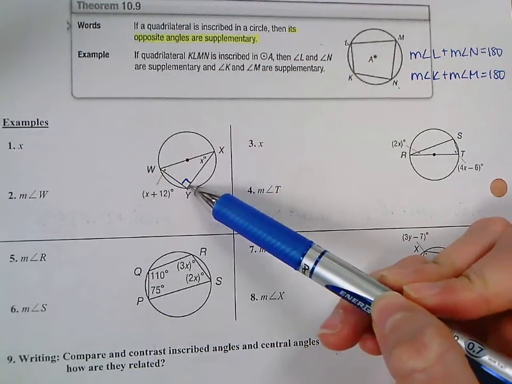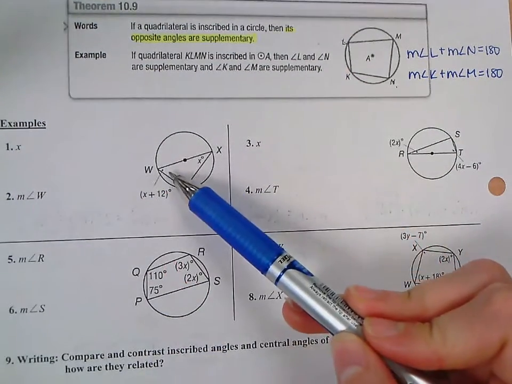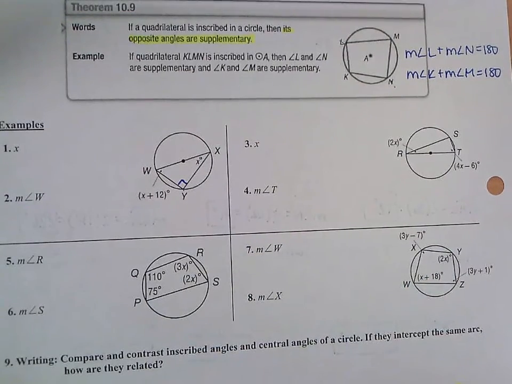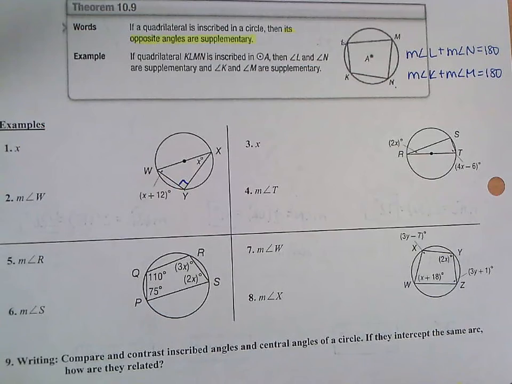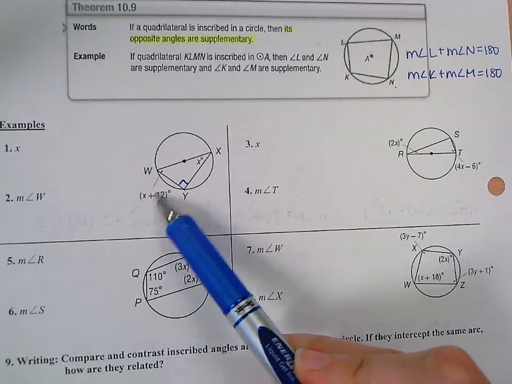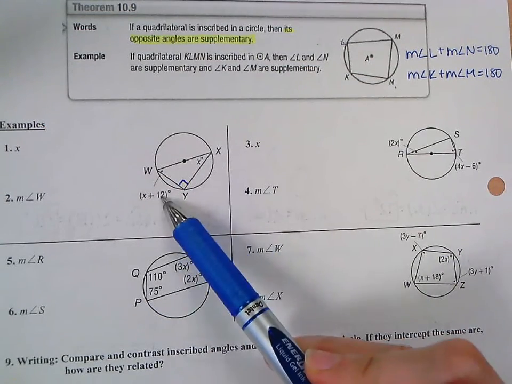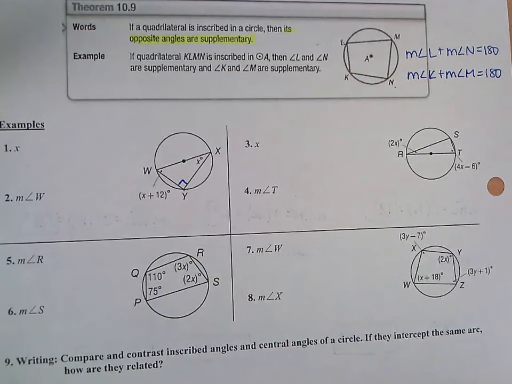So therefore, if I'm looking for x, how would I find x? Yep, I could combine everything and set it equal to 180, or I could combine just these two and set it equal to 90, since I already know this is 90. Either way, it doesn't matter.